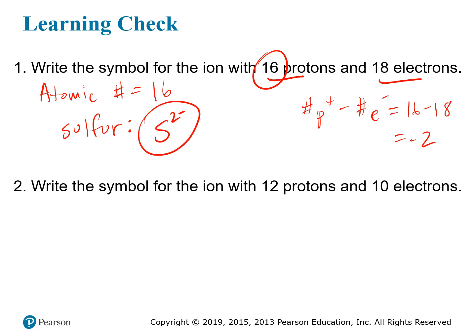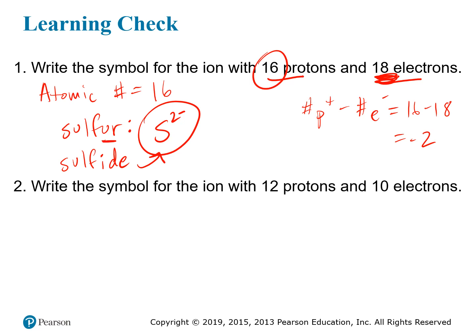This is the symbol for the ion. This is called sulfide. We take the initial syllable from sulfur and we add the ending -ide to make it sulfide. Again, this is explicitly telling you the number of protons and electrons, and it's telling you all of the electrons, not just the valence electrons, so don't get confused.